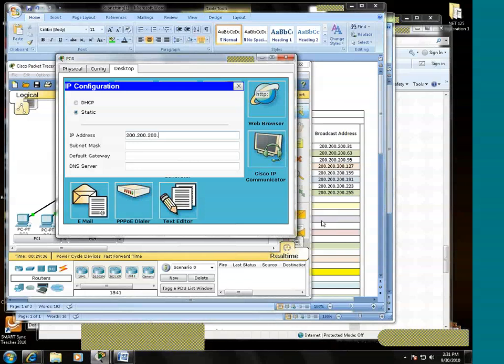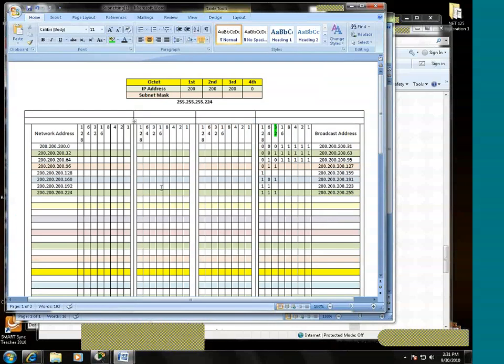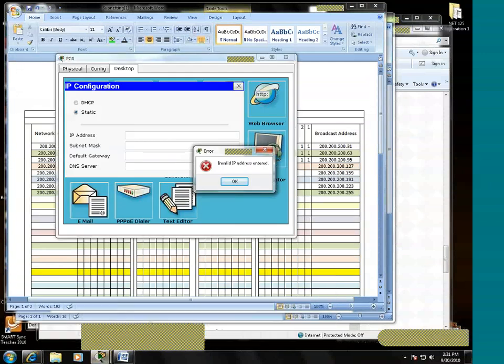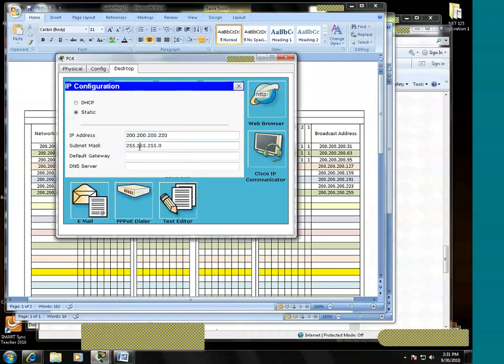I'm dealing with this row, so yeah, I can use 220. 224. Okay, connectivity tests.